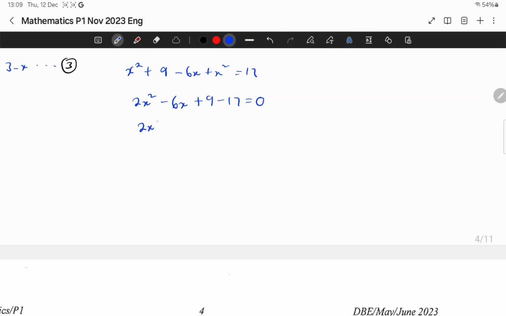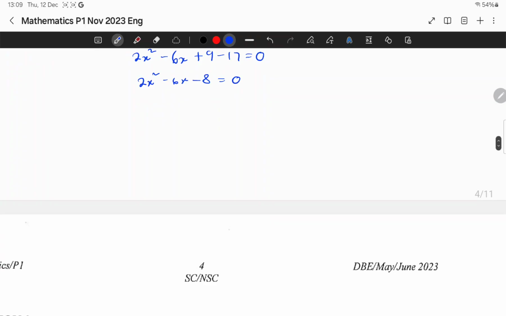This is equal to 2x squared minus 6x. 9 minus 17, that's negative 8, is equal to 0. Now you can see that all of these are multiples of 2, so you can divide by 2 all throughout on both sides of the equation. Simplify this further. Then you have x squared minus 3x minus 4 is equal to 0.